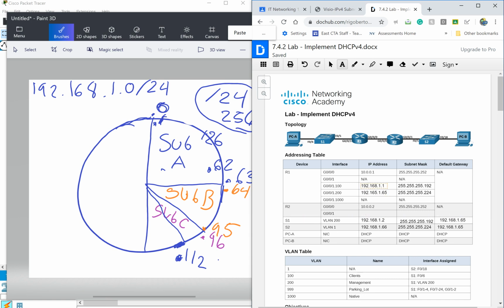Anything in the 100 VLAN will have this as their default gateway. That's the beauty of VLANs: they allow us to have different default gateways because of router on a stick, with multiple virtual interfaces. Anyways, moving on. So for VLAN 200, where we set it, second that. Now the correct default gateway, if I'm not mistaken.